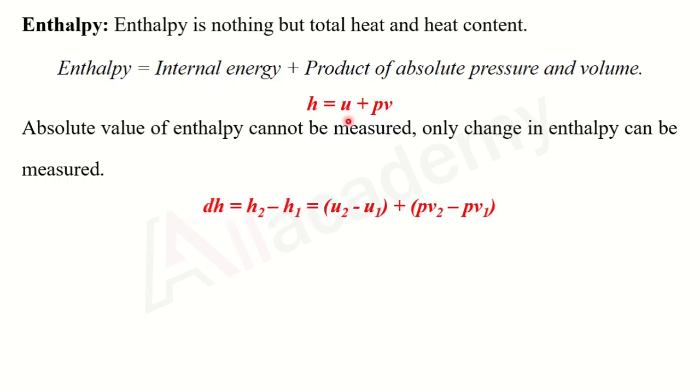That equals the change in internal energy, U2 minus U1, plus PV2 minus PV1. Mathematically it is expressed as U2 minus U1 plus P into V2 minus V1. So this is the change in enthalpy.